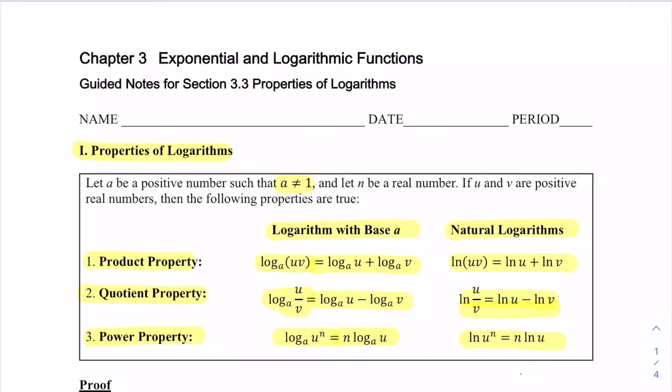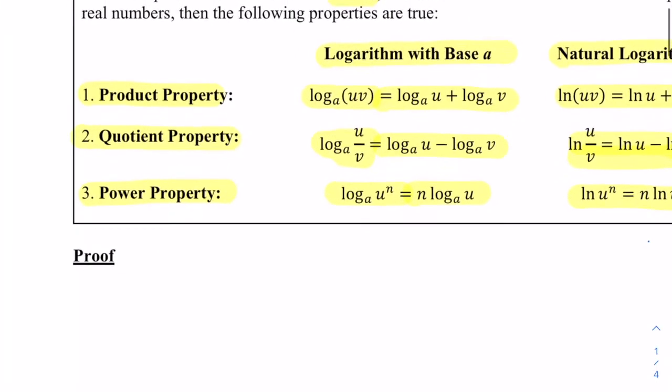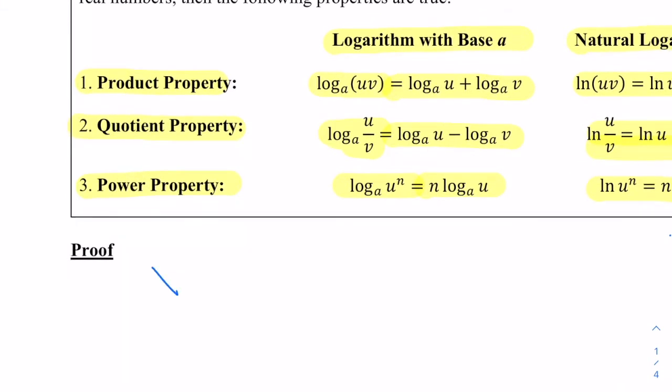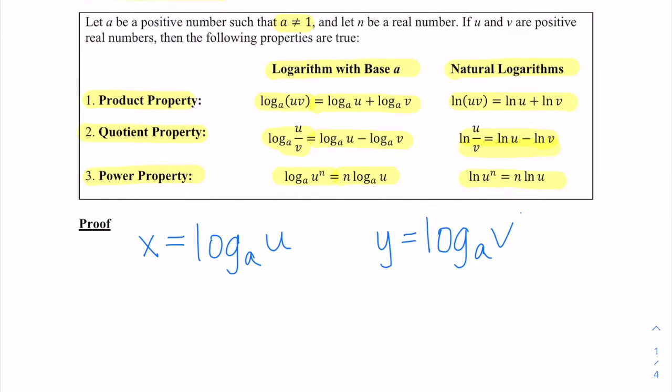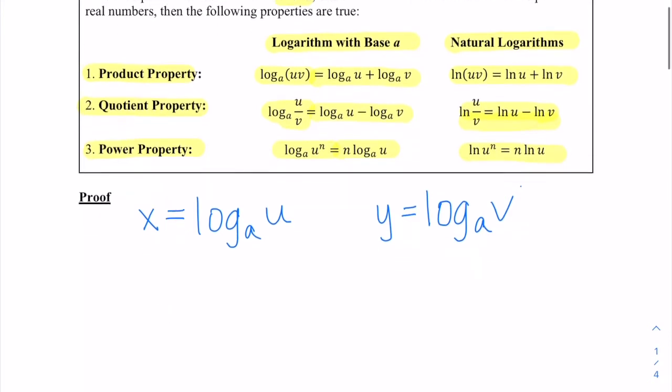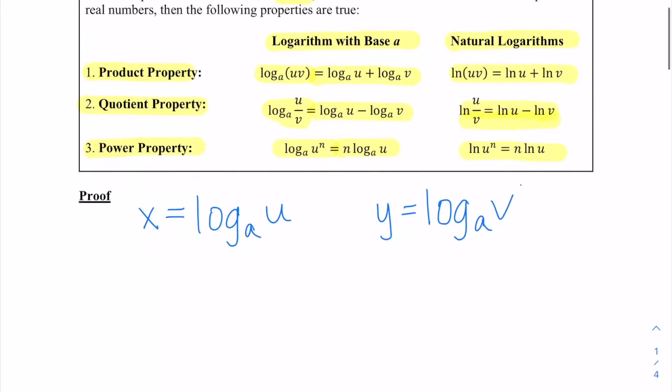So I'm going to go over the proof, because I think this class can handle proof. If we set x equal to the log base a of u, and we say our y is equal to log base a of v, well, those corresponding values for exponents would be a to the x equals u, and a to the y equals v.